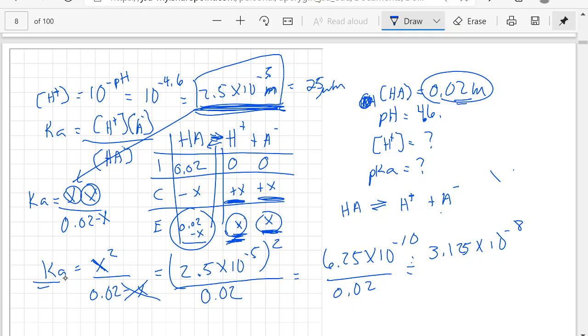In order to calculate pKa, we can say pKa is equal to negative log of the Ka, which is equal to negative log of 3.125 times 10 to the minus 8, and that's equal to 7.5. So that's how we solve this problem to find the H plus concentration and the pKa, given only HA and the pH.